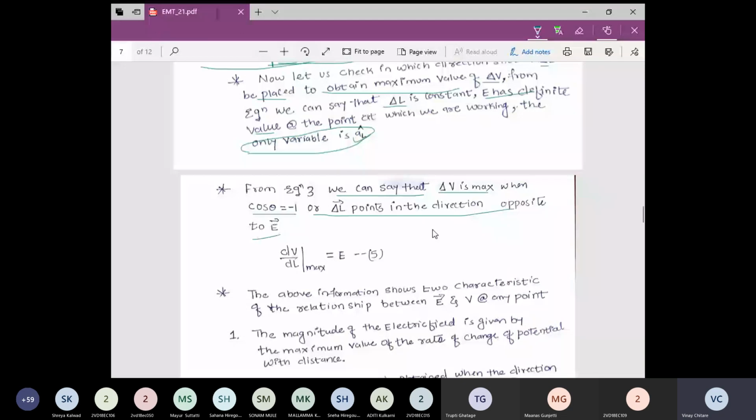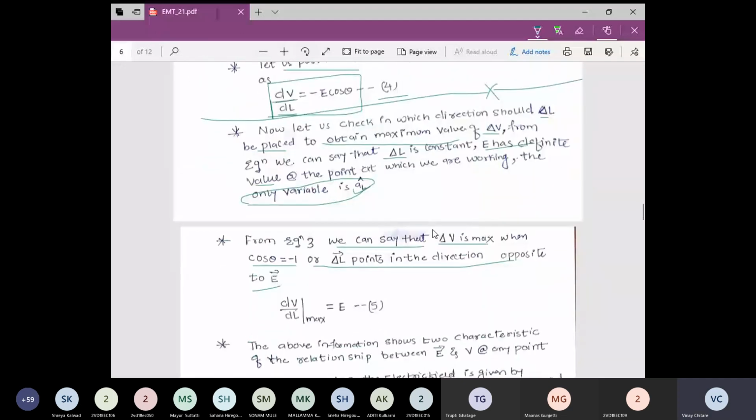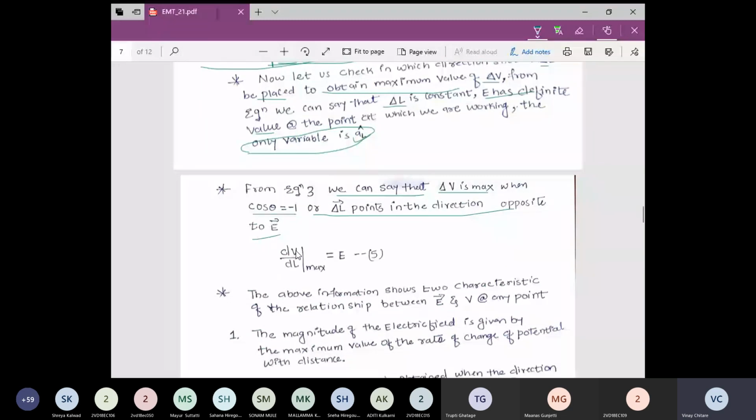So now what we can say is dV by dl maximum is equal to E, which means that we got to know the magnitude of the electric field. The magnitude of this electric field is nothing but dV by dl maximum.